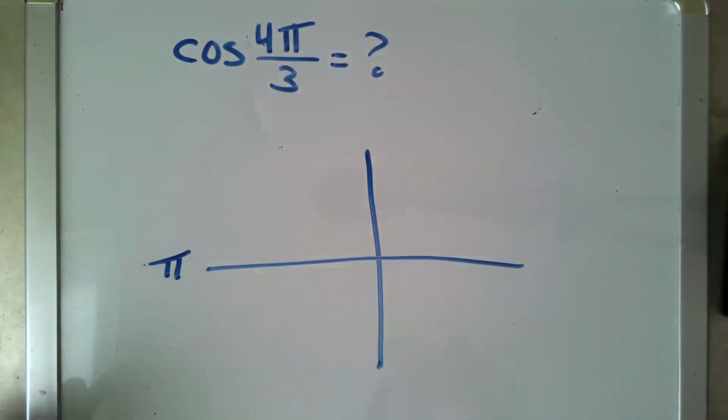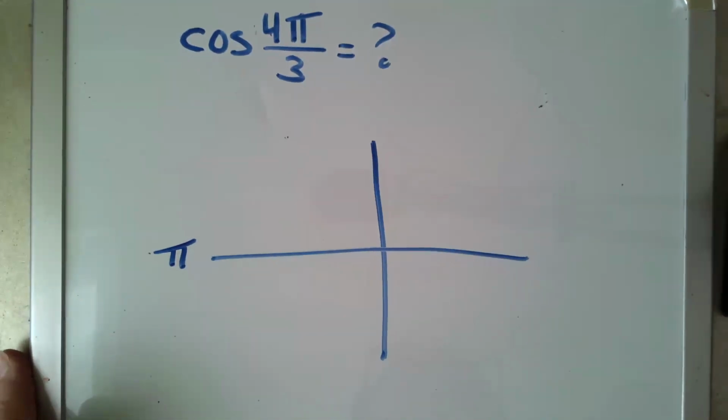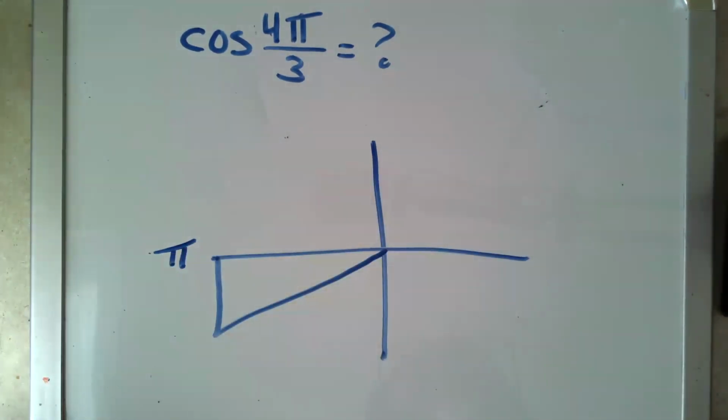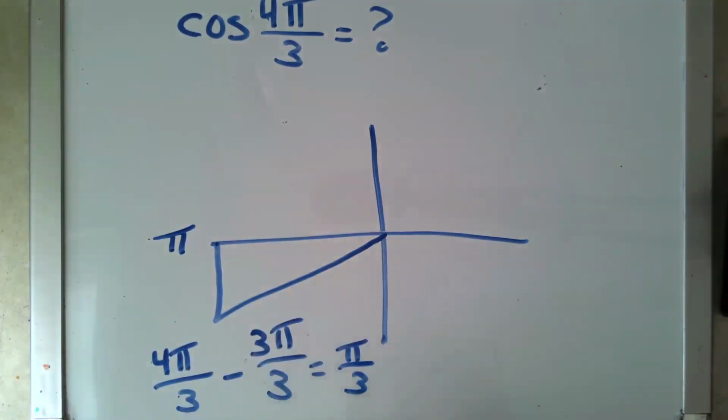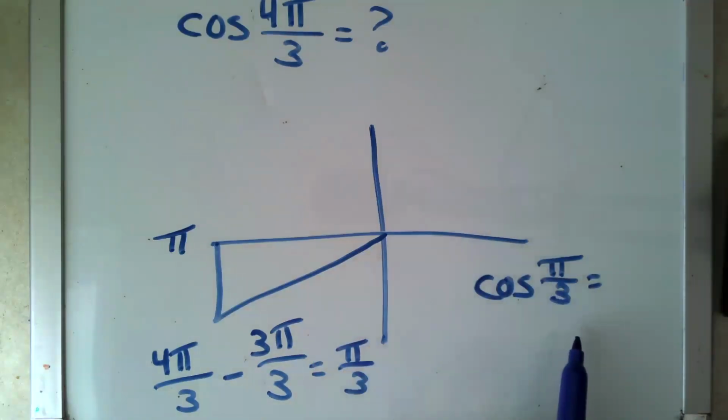That means it is in our third quadrant. And we know that in our third quadrant, we go our theta minus pi. So I'm going to take my pi and rewrite it with a denominator of 3, which leaves me with a reference angle of pi over 3. So I am finding cosine of pi over 3.